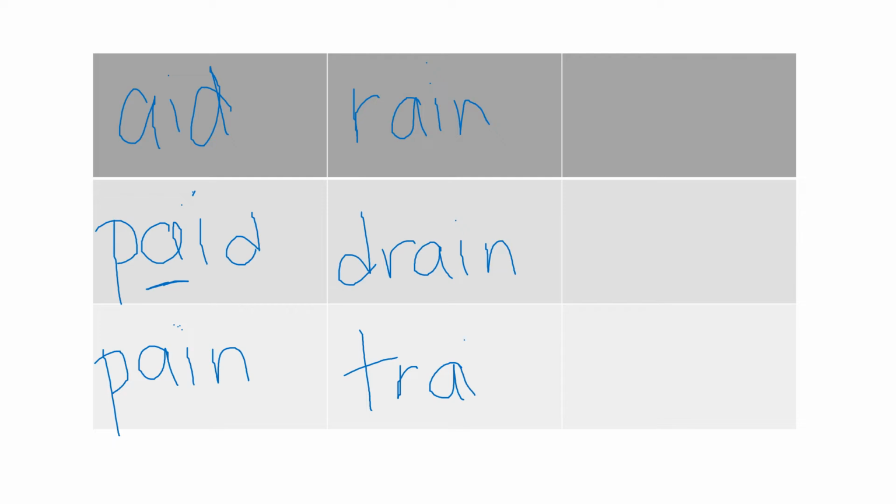Now, drain and train, they sound very similar, but your mouth should look different for those two different letters. So your D, make the D sound. See how your mouth looks with your D? Your tongue kind of hits the roof of your mouth. It's open. T, t, t. Your lips are kind of out a little bit. T, t. It's a little bit raspier.